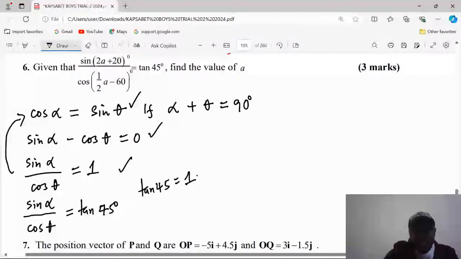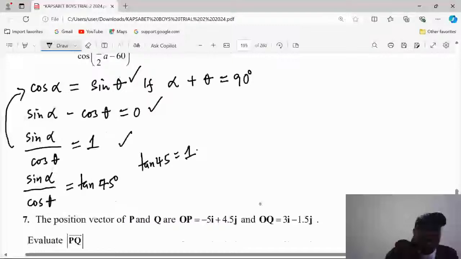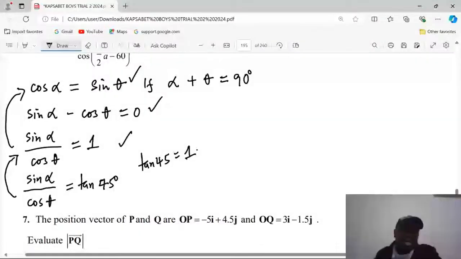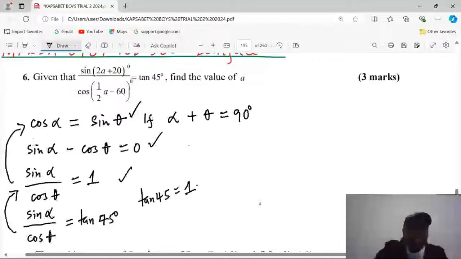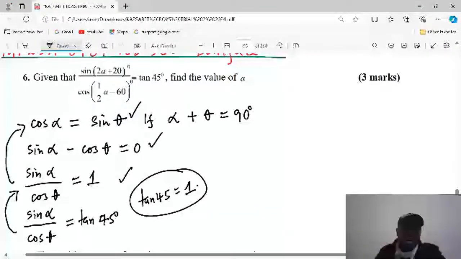If tan 45 equals 1, then it means we are still in the above setting. Handle it, knowing that the value of tan 45 is usually 1.